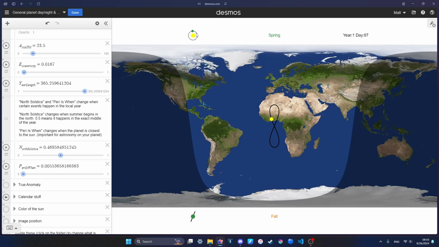Those will be the same length apart. They will be the same amount of time between the two. That's because the amount of time that it takes to traverse half the orbit from Peri is the same to travel half the orbit to Peri. It is not true if you're traveling half the orbit along other axes, but it is true for Peri.